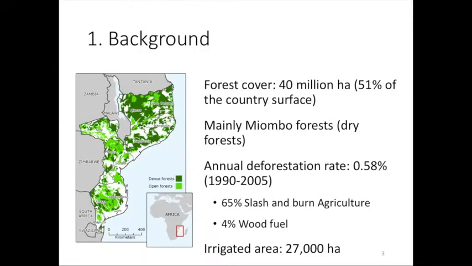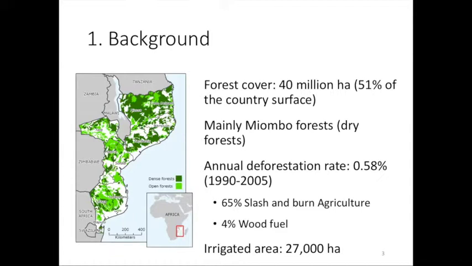So the background of this presentation is that Mozambique actually has a large area of forest, about 50% of the country surface, but with a relatively high deforestation rate, 65% of it due to slash and burn agriculture and fuel collection.